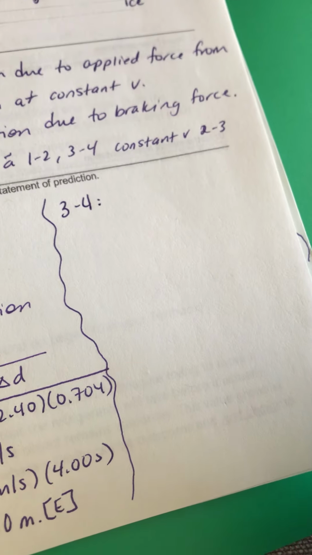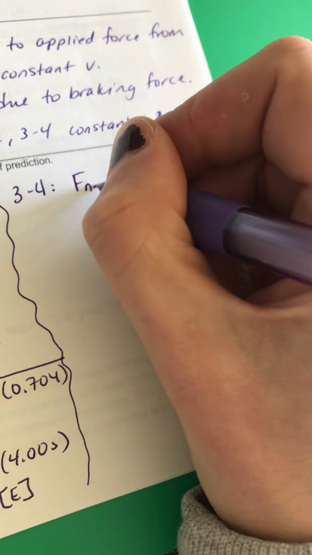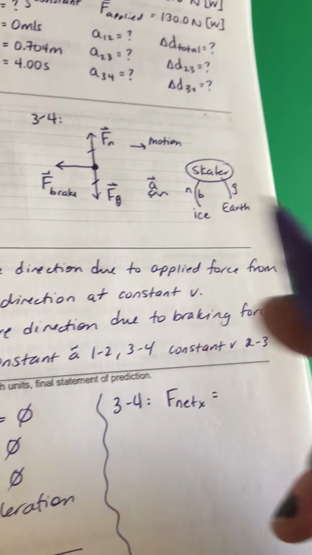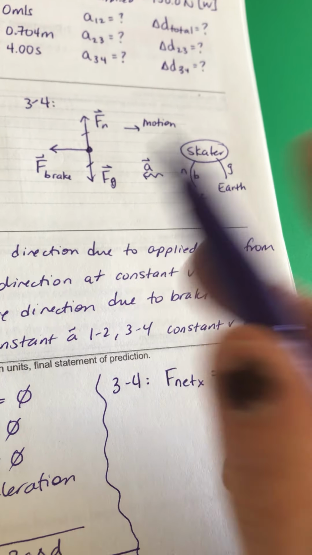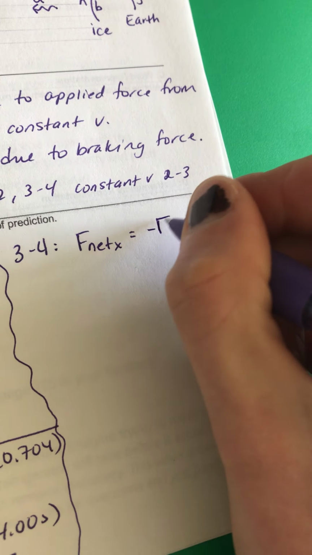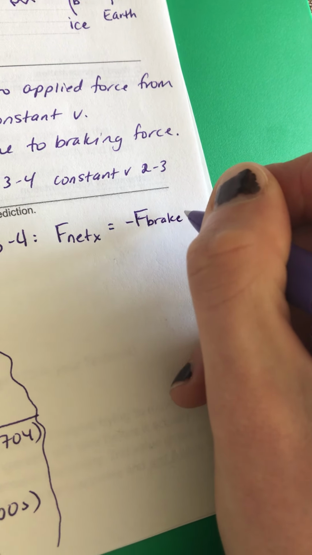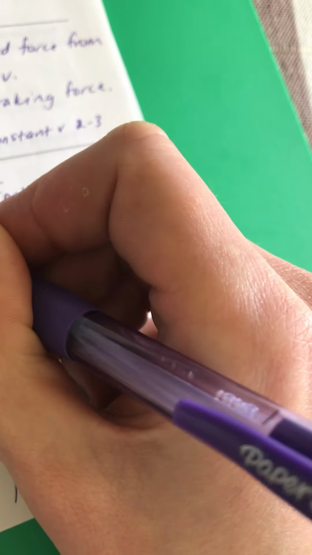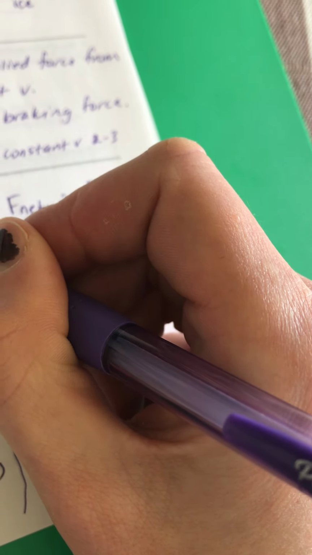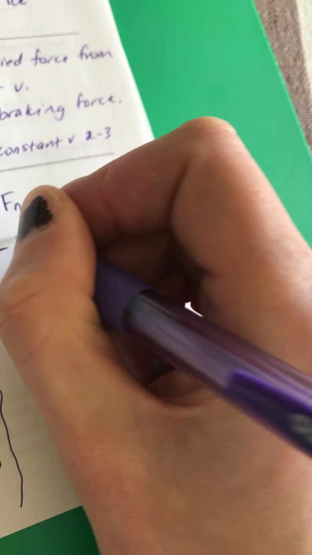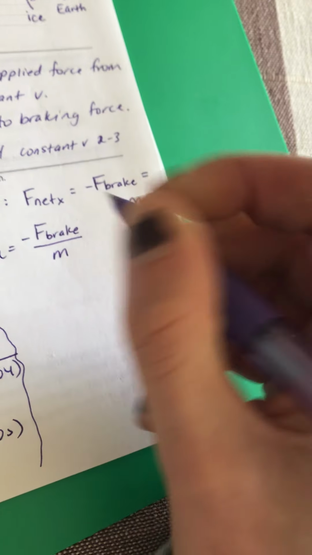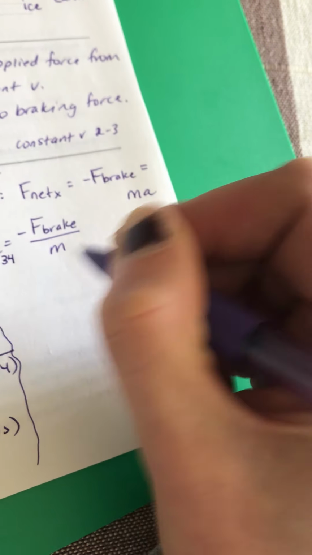Okay, from events 3 to 4, our net force equation, the only force acting is in the negative direction, that's the braking force, and that's equal to ma. So that means a equals braking force over mass, and this is a from 3 to 4.